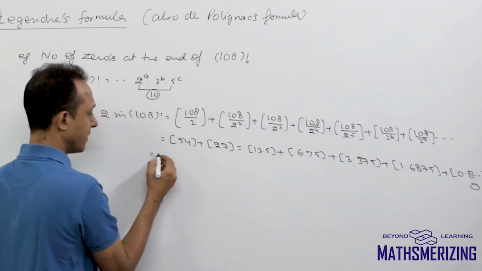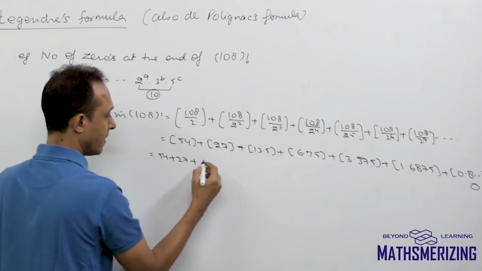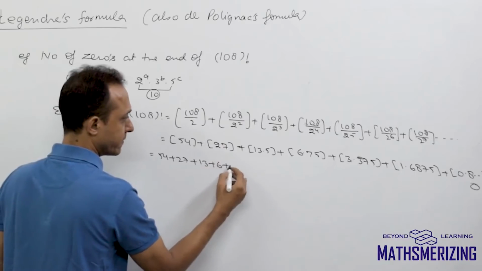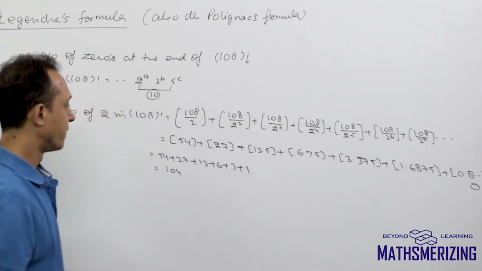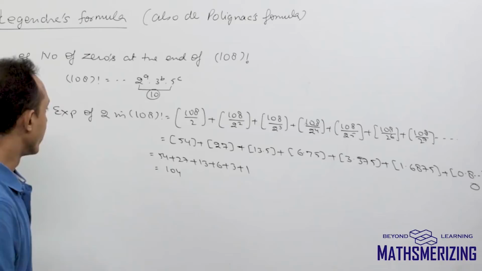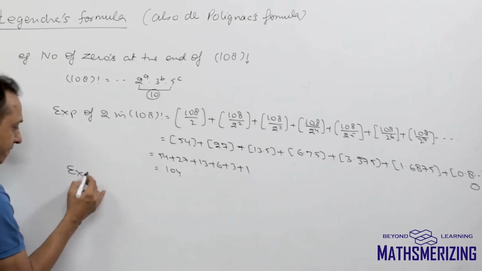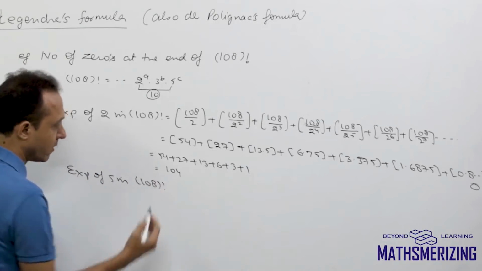So I'll simply write it as 54 plus 27 plus 13 plus 6 plus 3 plus 1, which is 104. 10 and that is 40, so 50, 50 and 54 is 104. Now we'll find the exponent of 5 in factorial 108.